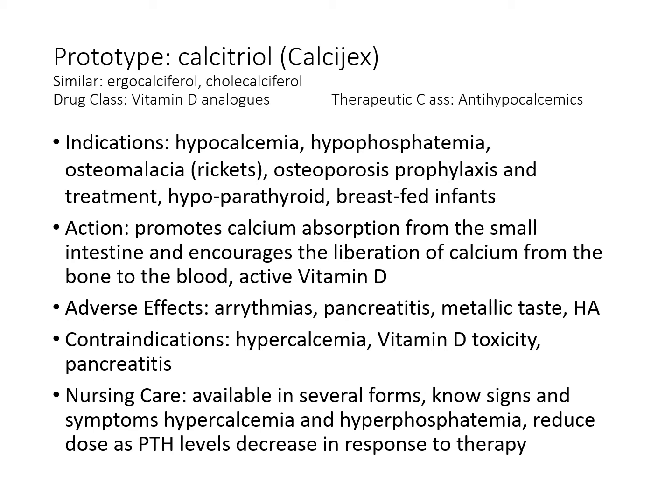Okay, so what indications for vitamin D as a group? Well, hypocalcemia for sure, right? Since the vitamin D is going to get the calcium into the bloodstream from the gut. Osteomalacia, and rickets. So osteomalacia, okay, that's vitamin D deficiency in adults. Rickets, vitamin D deficiency in children. Osteoporosis prophylaxis, meaning I want to prevent osteoporosis from occurring. So this would often be a menopausal woman that isn't necessarily osteoporotic yet, but she wants to prevent osteoporosis.